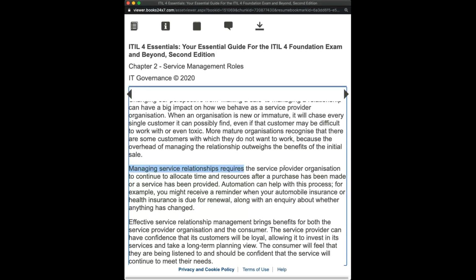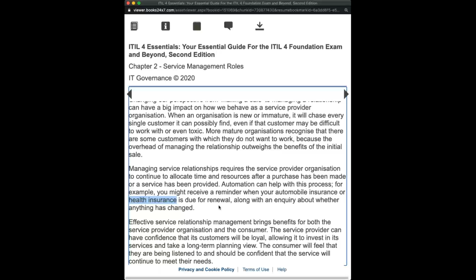So managing service relationship requires, again, the organization to provide or allocate time and resources, right? They call this after sales service, right? After a purchase has been made, or a service has been provided. After sales services. Automation can also help you with this process, right? For example, you might receive a reminder when your automobile insurance or health insurance is due for renewal.